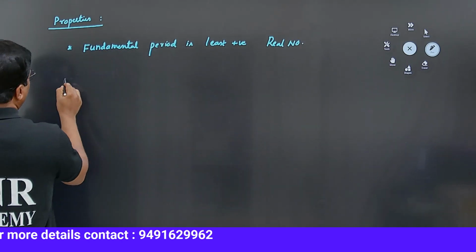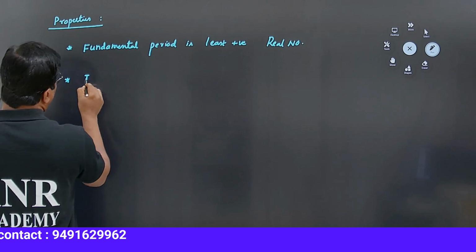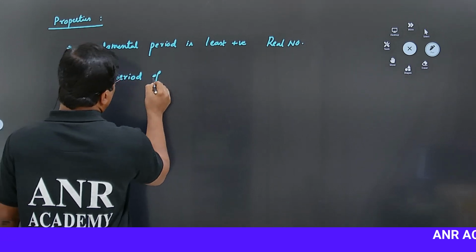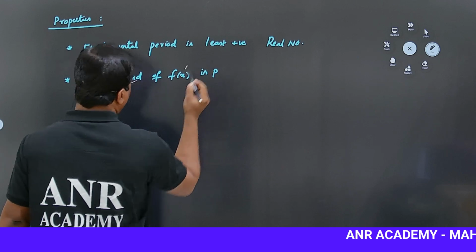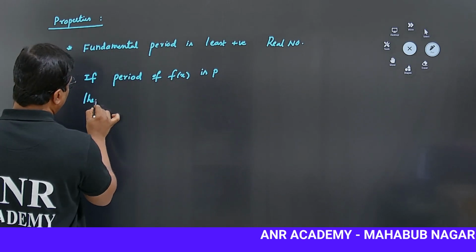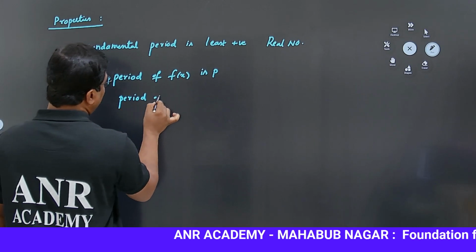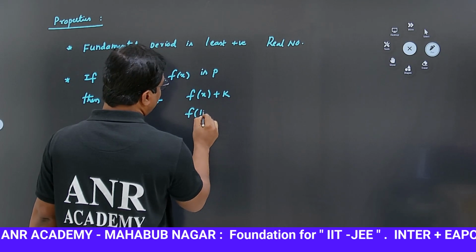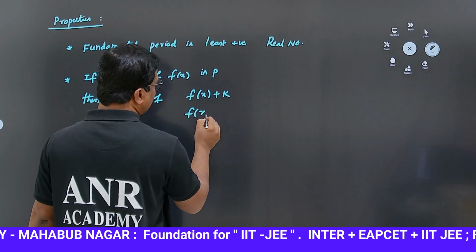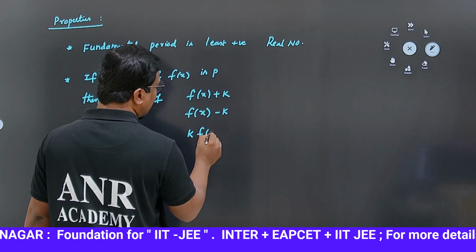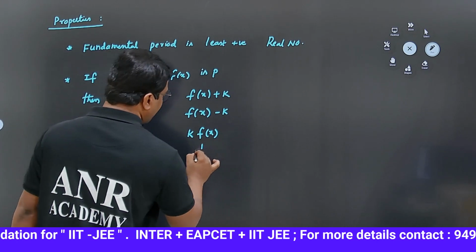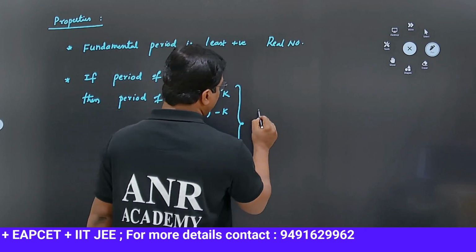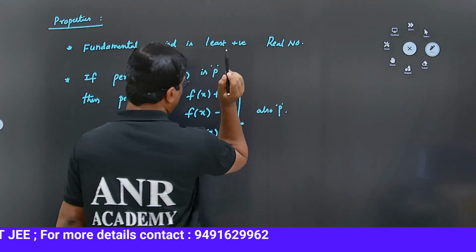Next point, suppose the period of the function f of x is p, then the periods of f of x plus a constant, f of x minus a constant, a constant times f of x, and 1 by f of x are all of the same period p. Remember.